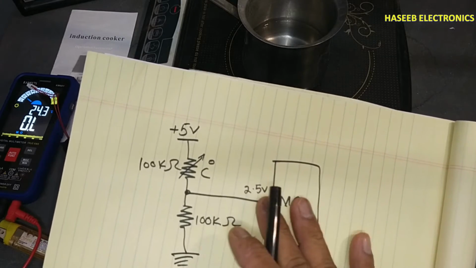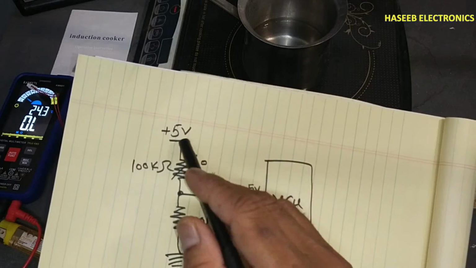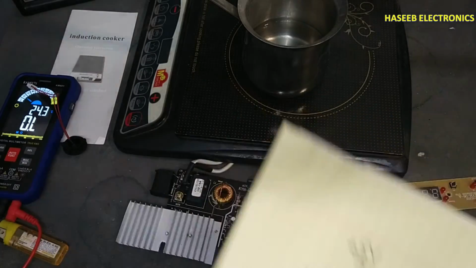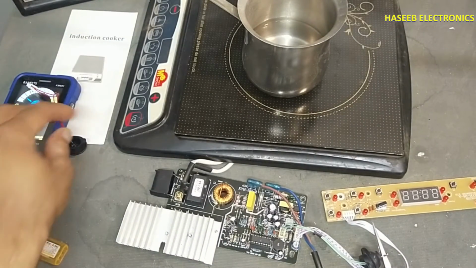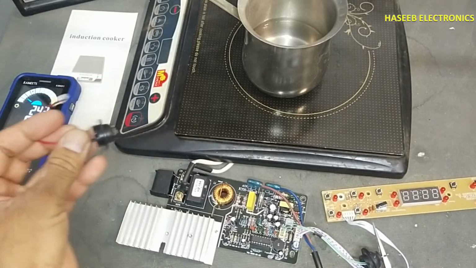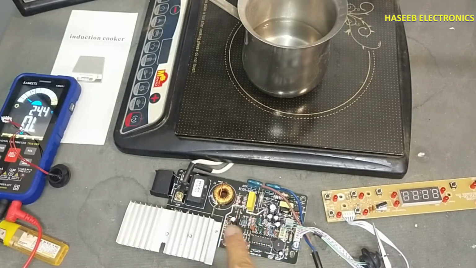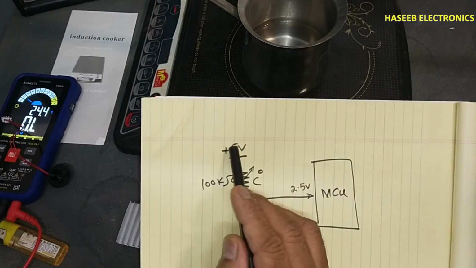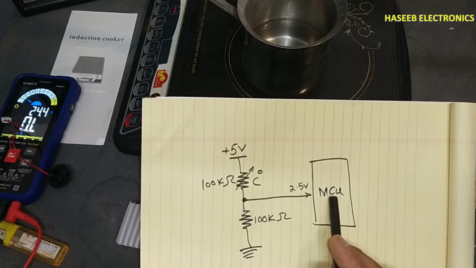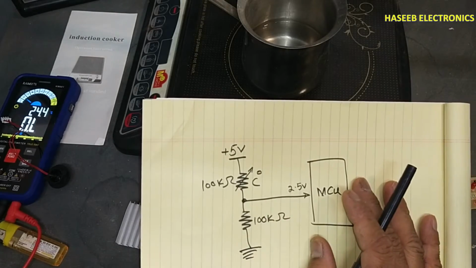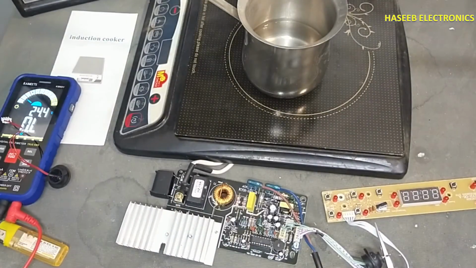So microcontroller will come to know that the temperature is increased. As we checked on the multimeter, when the temperature increases to a high level, at that time the voltage will reach full. At that time full 5 volt will reach the microcontroller, and microcontroller will make safety.